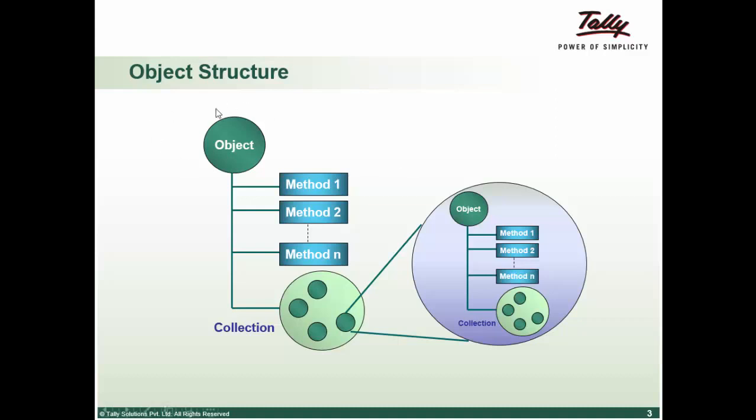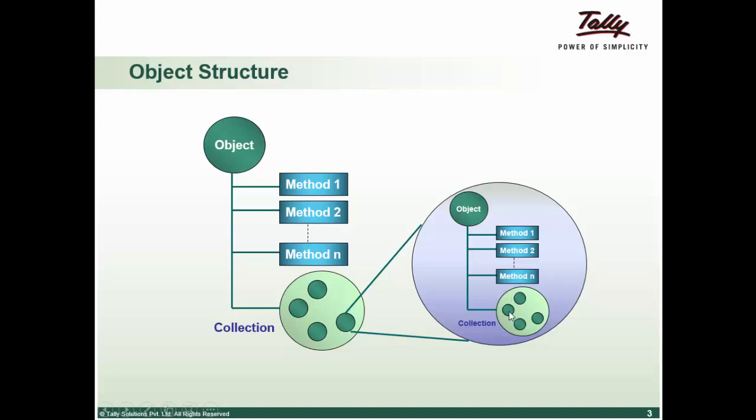So a primary object is made up of methods and/or sub-collections. The sub-collection is a group of sub-objects. This sub-object contains methods and sub-collections.